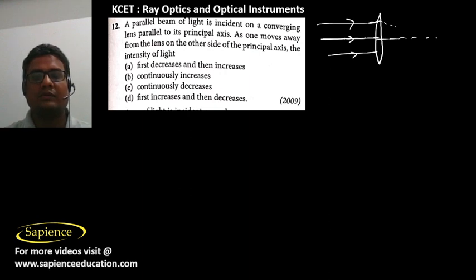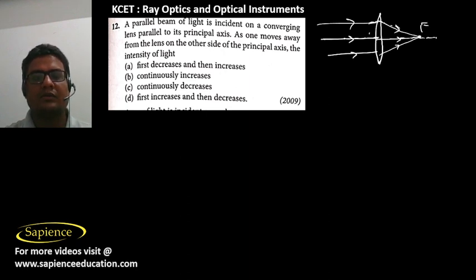As one moves away from the lens on the other side, the intensity of the light first decreases and then increases. Incident on a converging lens, the rays will be focused on the focal point, on the focus.